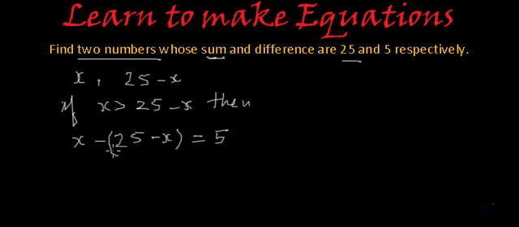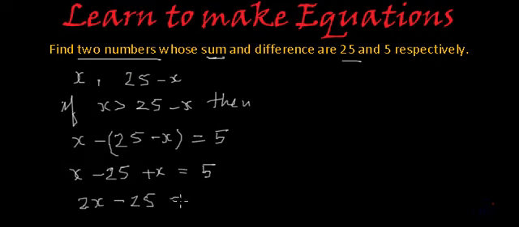Yes. So now let's open this bracket considering this minus sign outside. So we will get x minus 25, minus of minus x will be plus x, and this will be equal to 5, right? So if we solve it further, we will get x plus x, 2x minus 25 is equal to 5, right?